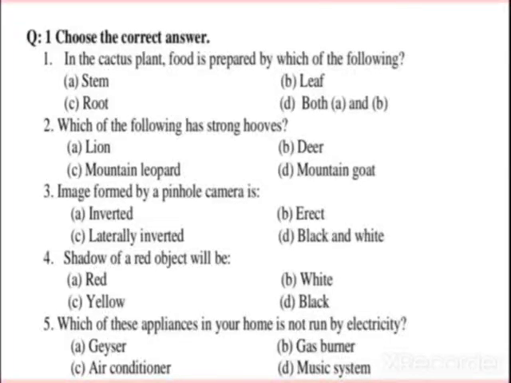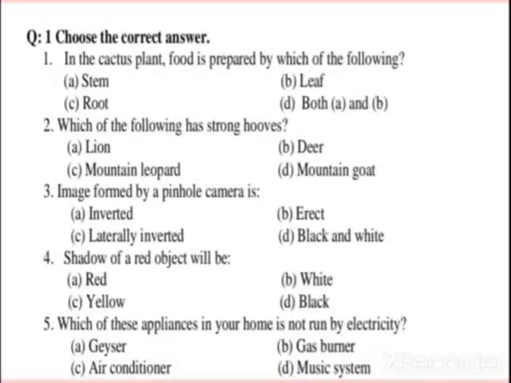Which of these appliances in your home is not run by electricity? Again, look carefully at the question. Your options are geyser, gas burner, air conditioner and music system. You know that geysers also run by electricity, which nowadays you all use.